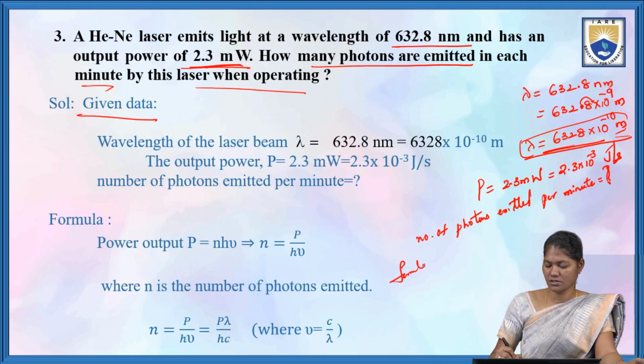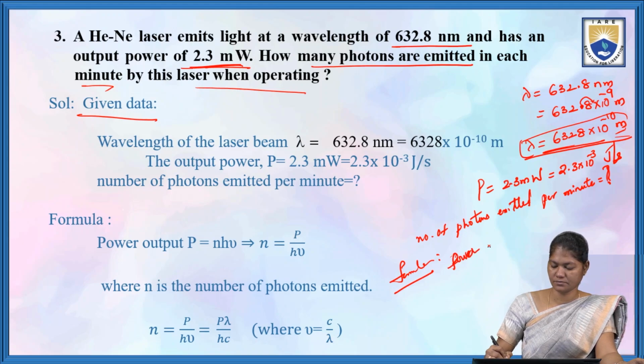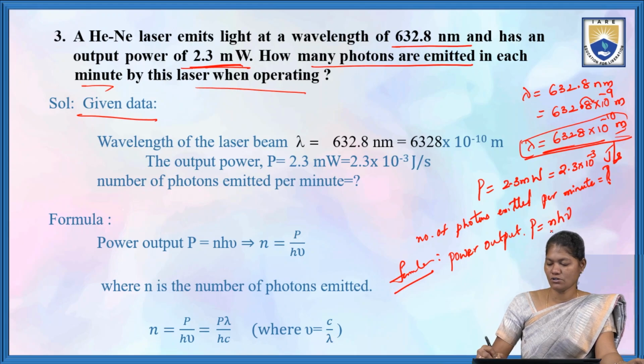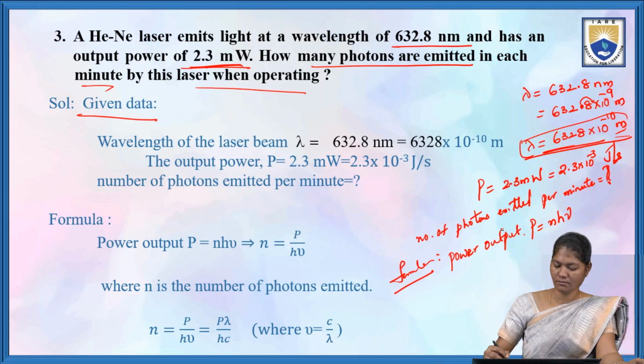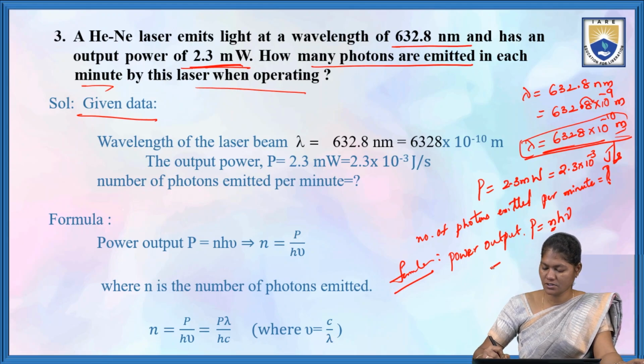So the formula for power output is P is equal to N h nu. In this we need to calculate the number of photons, so from this formula N is equal to P by h nu.